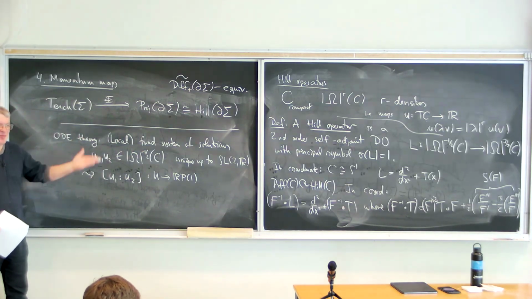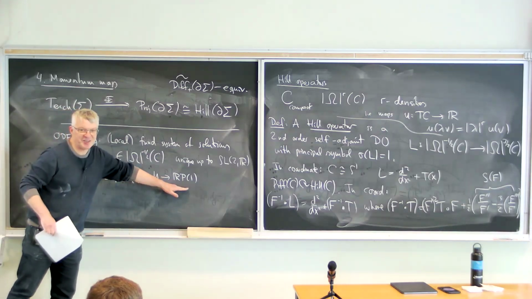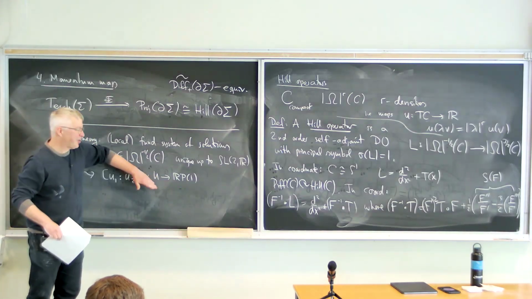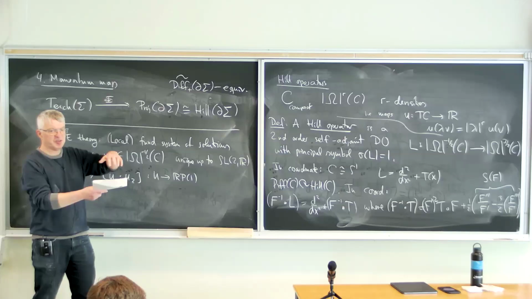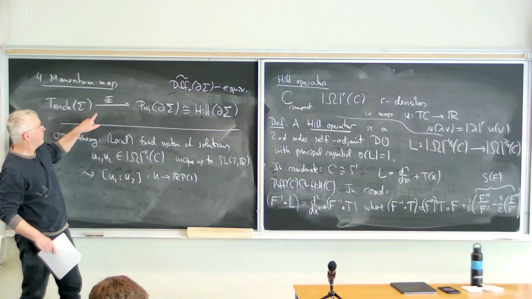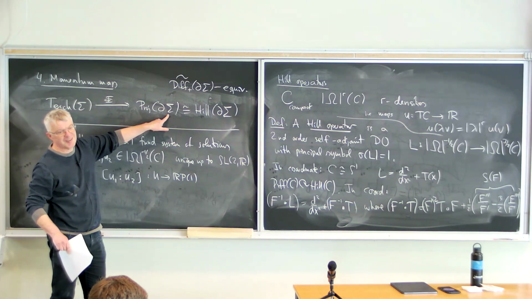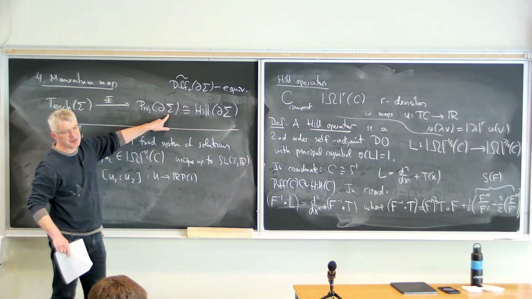So as a map to RP1, it's well defined. And so you get a projective chart. And if you change your fundamental system of solutions, then it changes by an SL2R transformation. So there is a map from Hill operators to projective structures. And that map turns out to be a bijection.